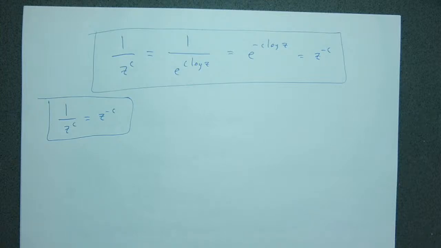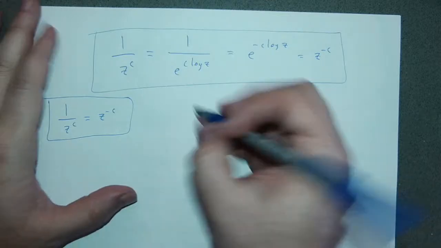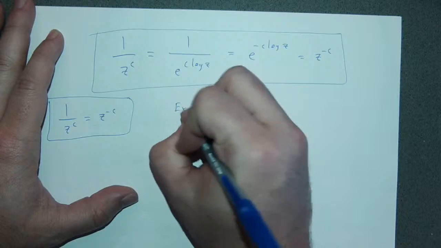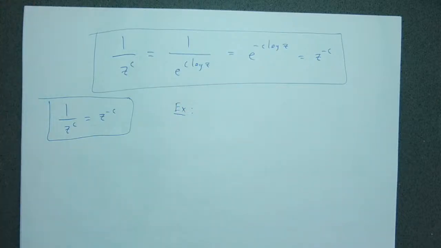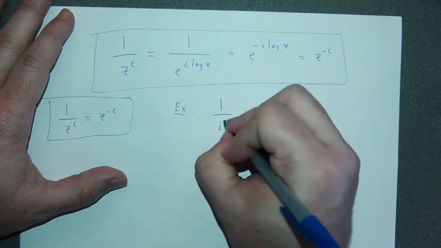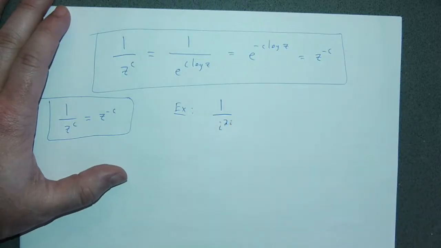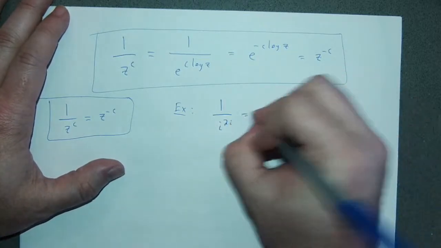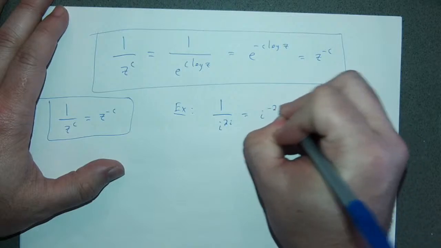And so, for instance, using again the numbers from our example, 1 over i to the 2i is equal to i to the minus 2i.